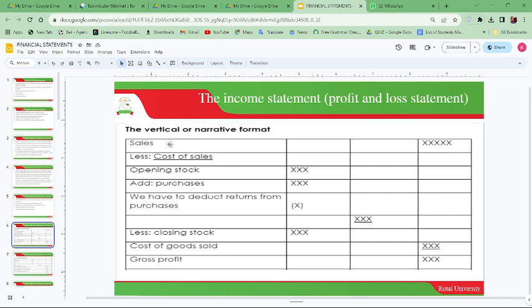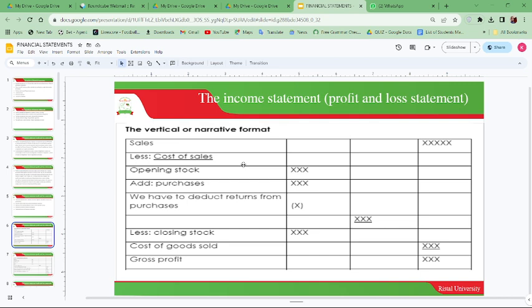So we have sales. We put our sales in the last column. Then we less cost of sales. Our cost of sales can also be referred to as cost of goods sold.